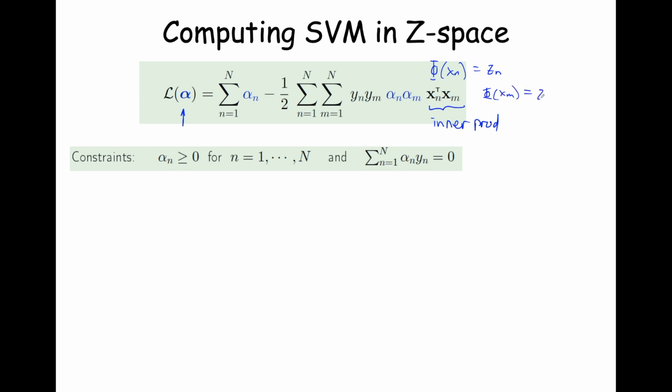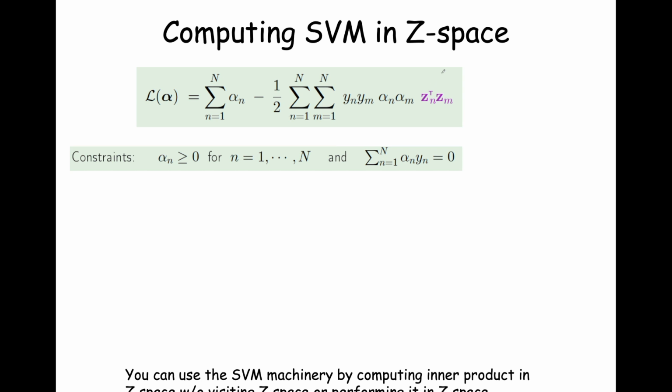That's zm. Now, if I do that, I can literally solve this same dual formulation problem, the support vector formulation, in feature space through this nonlinear mapping phi.